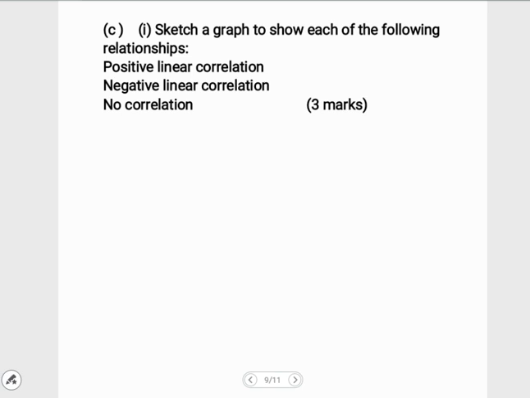Question number, C section. We are required to sketch a graph to show each of the following.